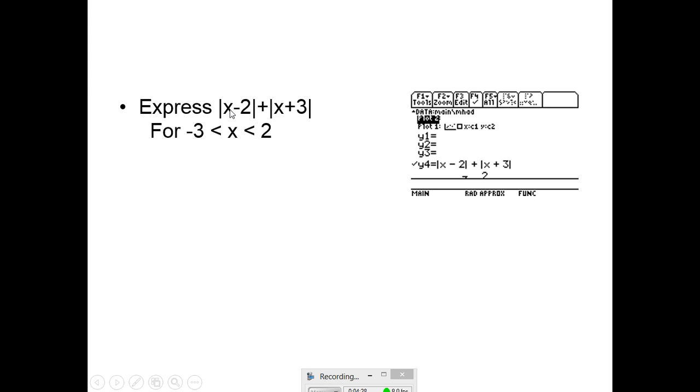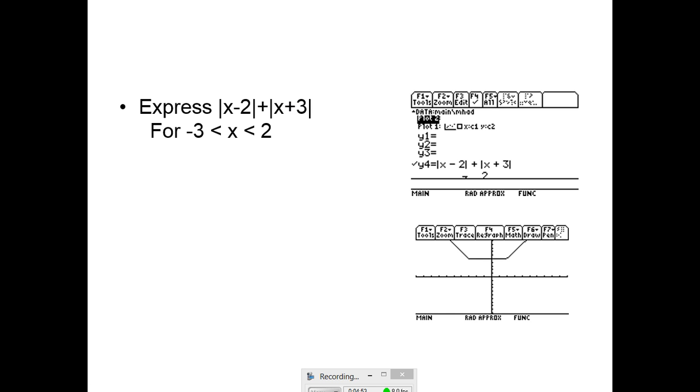When 0 goes into x minus 2, we get a negative 2. And therefore, for any value between negative 3 and 2 put in here, we will get a negative, which means the effect of the absolute value bars is to give the opposite of what's inside. For values between negative 3 and 2 going into x plus 3, they're always positive, so the absolute value bars have no bearing.